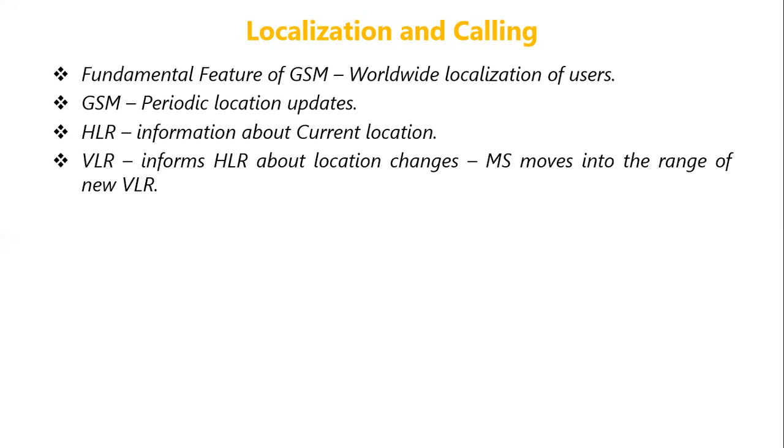Whenever a mobile user moves from one location to another, he will register in the new location's VLR, and that VLR will update that information to the HLR of that particular mobile station. So this is how the data is available in the HLR.